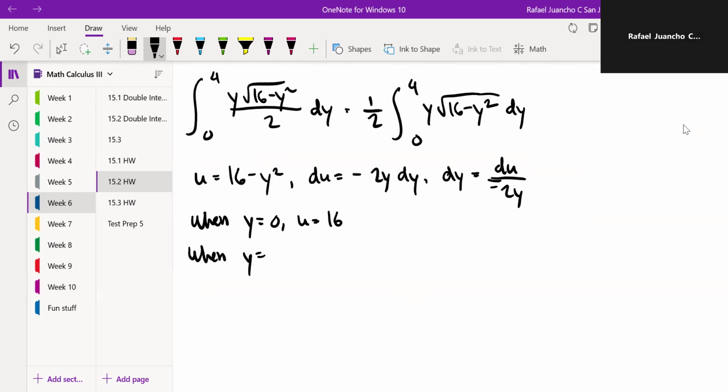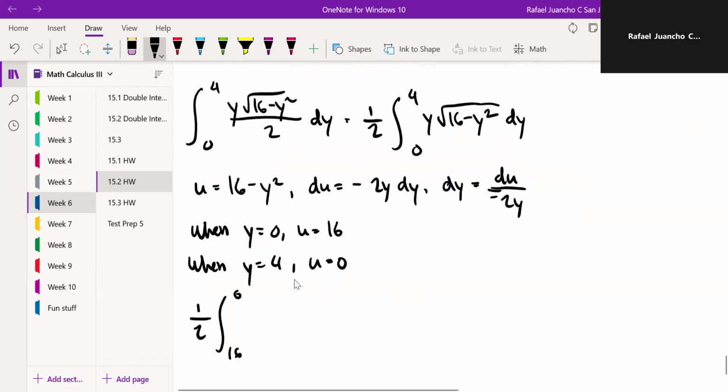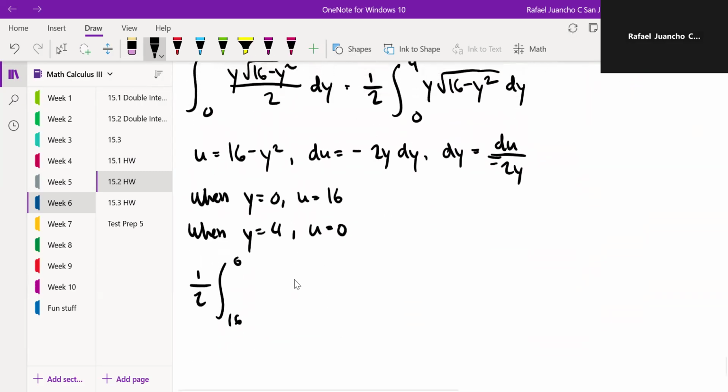And when my y is 4, my u is 0. Oh. And so that means I have 1/2 from 16 to 0, right? That makes sense. Oh, but then I have a negative to save it.